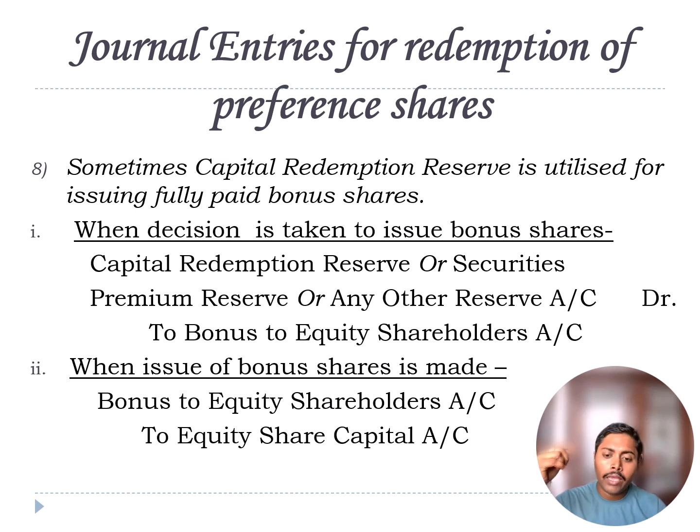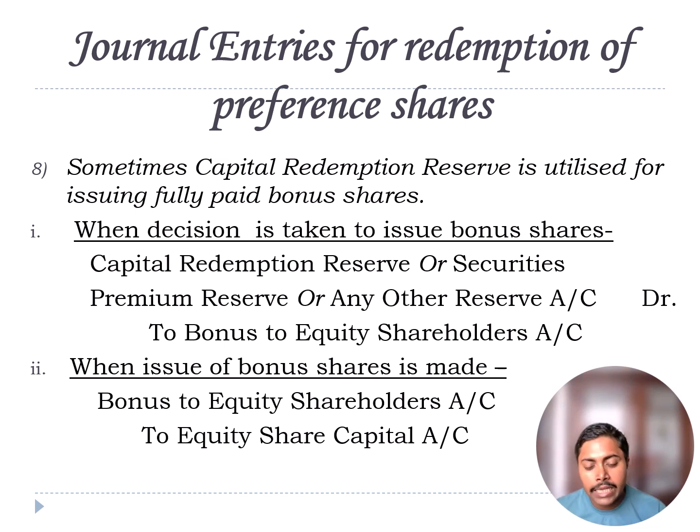So if you think about it chronologically, what are the journal entries? The first, to block capital erosion by capitalizing its free reserve, the entry was general reserve account debit, profit and loss account debit to CRR account. That means the amount has been transferred from general reserve to CRR. Then CRR to bonus to equity shareholder, then bonus to equity shareholder to equity share capital.